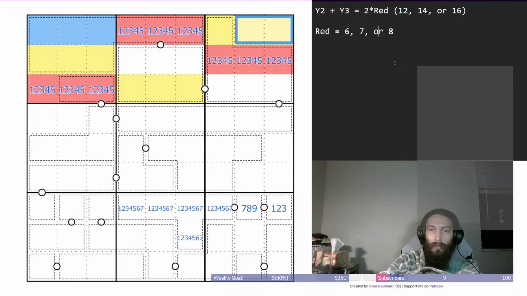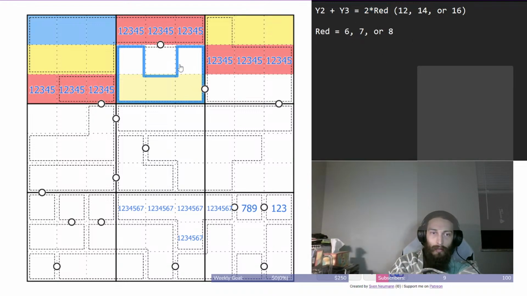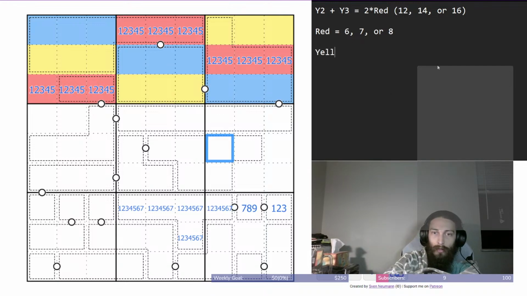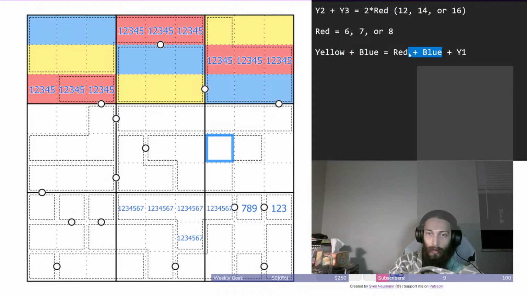Right? Because we said that these two boxes, because we've got blue in here, we've got yellow plus blue is equal to red plus blue plus y1. And since we know we have the blue on both sides, we can just remove it. But then the dot means that one side is plus or minus red, right?